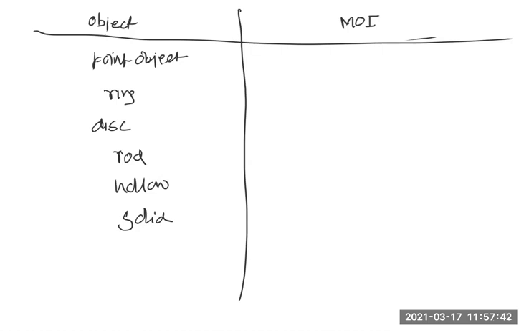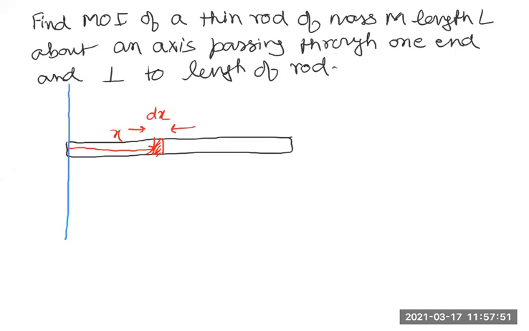Okay, so first, dI is equal to dm into x square. dm is equal to M by L into dx.